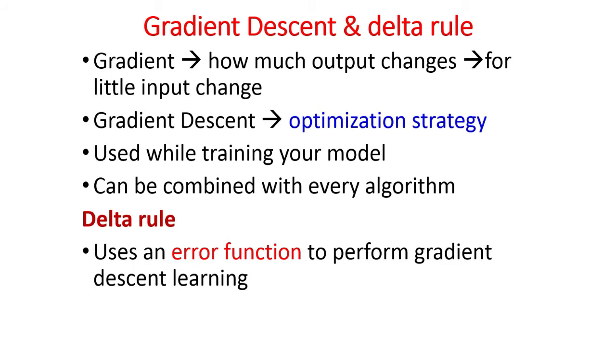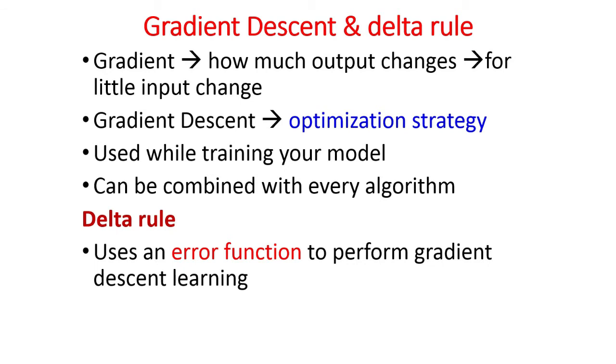The delta rule uses gradient descent as an optimization technique and tries different values for the weights in a neural network, and depending on how accurate the output of the network is, it will make certain adjustments to certain weights. That is, it increases some and decreases the other weights.